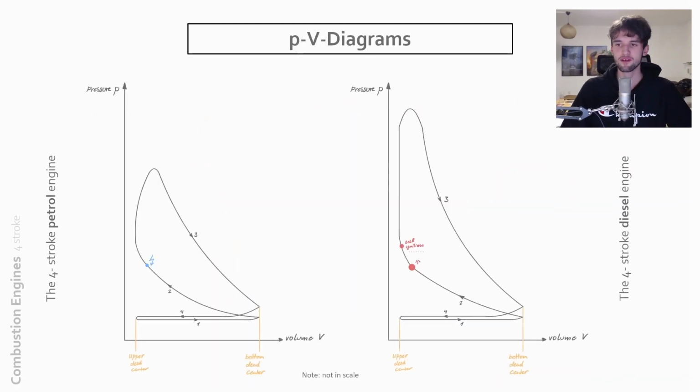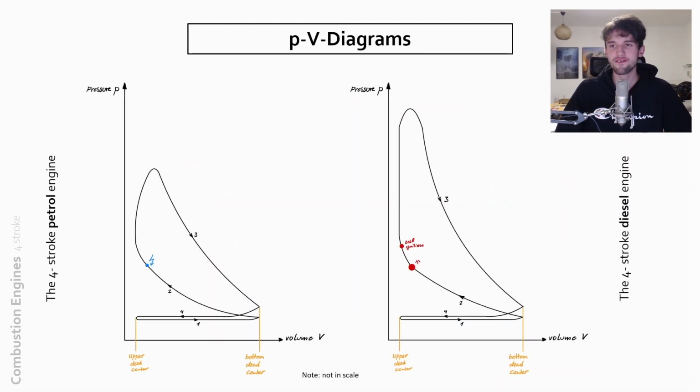And last but not least in this presentation, we have the pressure volume diagrams. So let's have a quick look. We have the PV diagram of the petrol engine on the left and of the diesel on the right. We can clearly see the main differences in these diagrams.